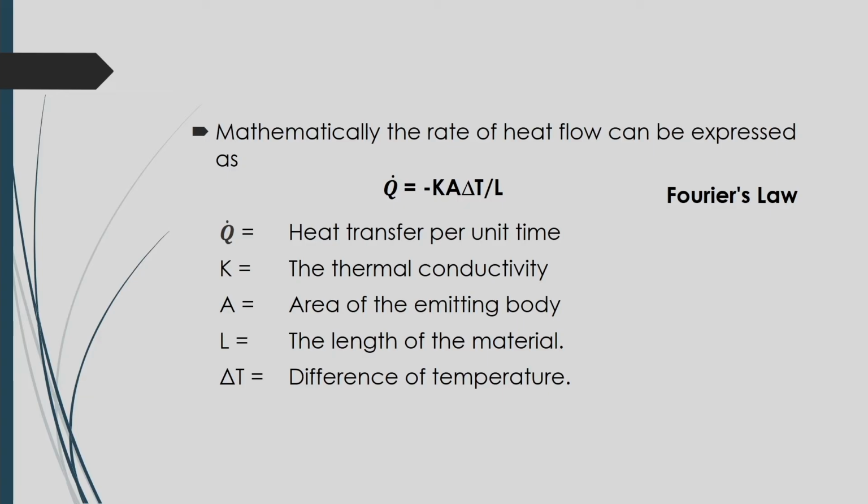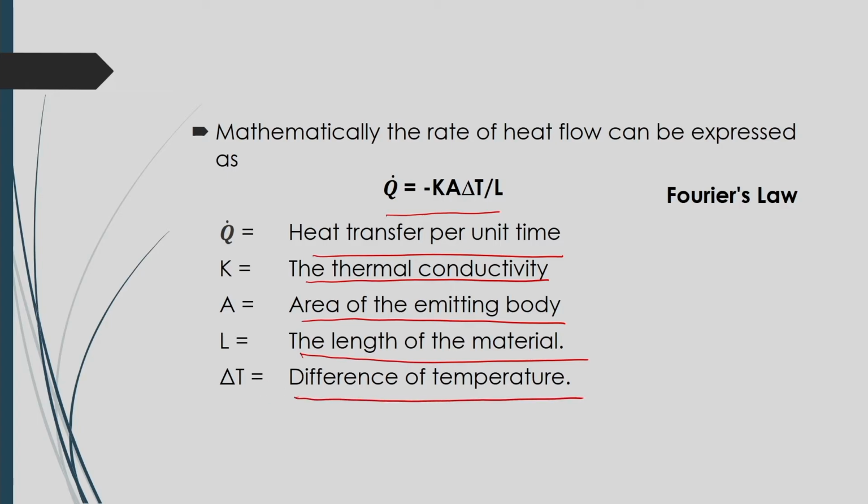Mathematically, Q dot equals minus K A delta T by L, where Q dot is the heat transfer per unit time, K is the thermal conductivity, A is the area of the emitting body from which the heat is transferred, L is the length of the material, and delta T is the temperature difference between the two points.